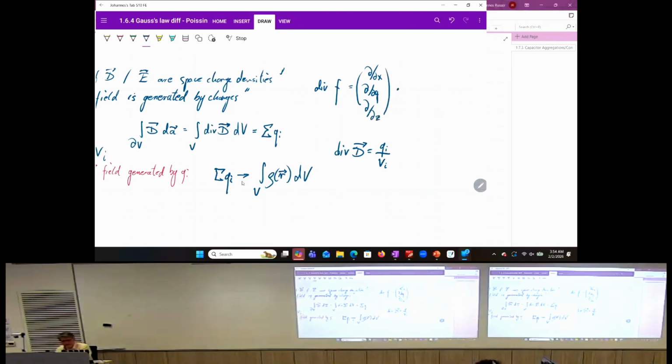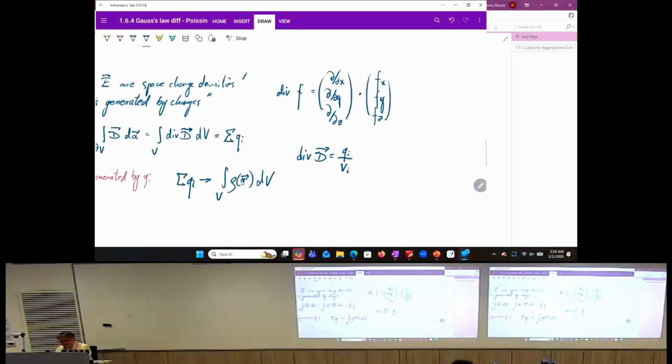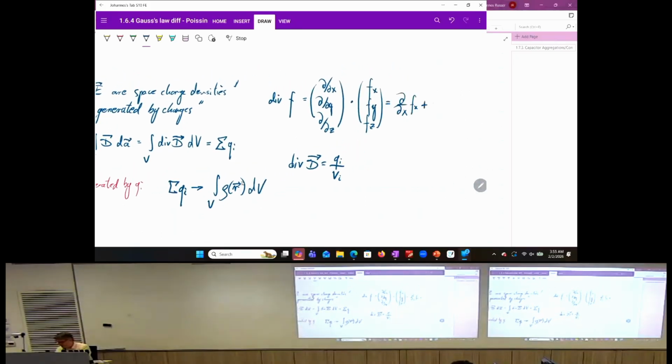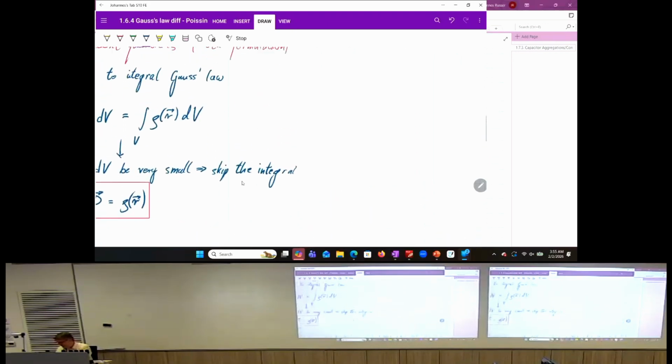And then you get the f_x component, f_y component, f_z component. So this is the partial derivative of the x component of f with respect to x, plus the partial derivative of the y component with respect to y, plus the partial derivative of the z component with respect to z. And the divergence ends up being a scalar value, which is also important.